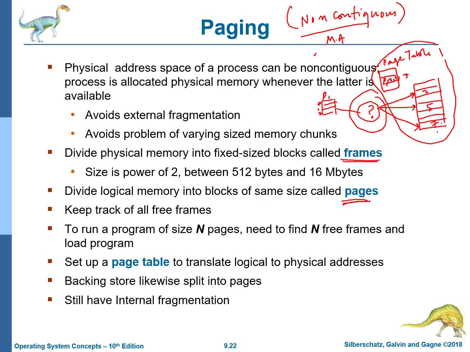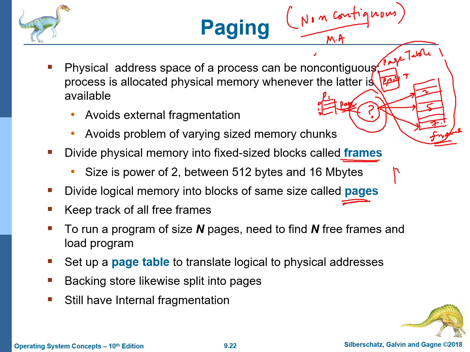When it is stored in the main memory, the physical memory, we call them frames, but when it is being generated by the CPU, we call them pages. So the logical address of a page is mapped into the physical address of a frame. We divide physical memory into fixed size blocks called frames, and divide logical memory into blocks of the same size called pages.